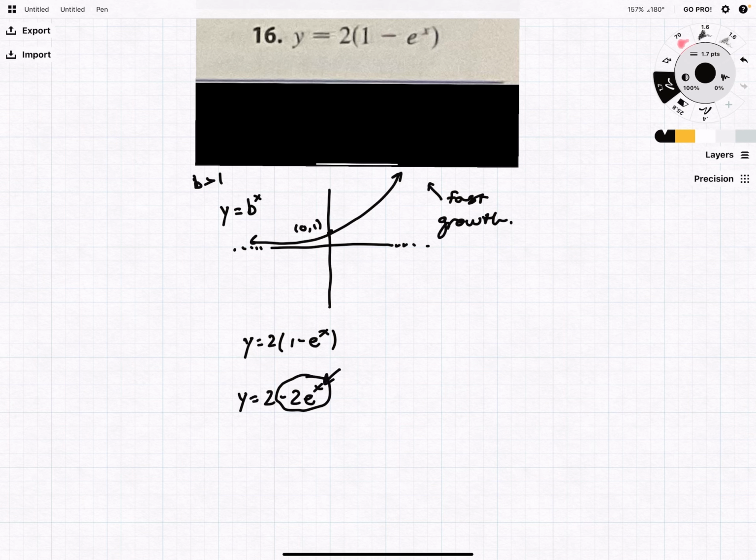It usually just makes it a little bit cleaner. I like to organize the functions that way, so we're not doing anything to change the function. All we're doing is moving the numbers. So now we have y equals negative 2e to the x plus 2.